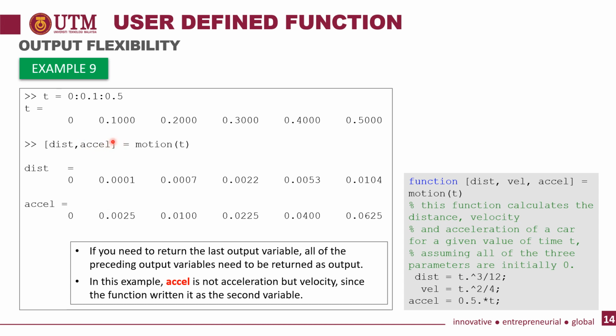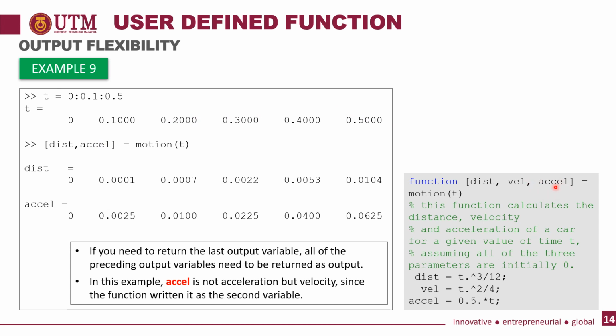But this output will get its data from velocity, because in a MATLAB function, if you have multiple outputs and you don't call all of them, it will start assigning from the left. Distance will go to the first variable here, and velocity will go to the variable named acceleration here. You cannot assume that an output with the same name will call the function output with the same name.